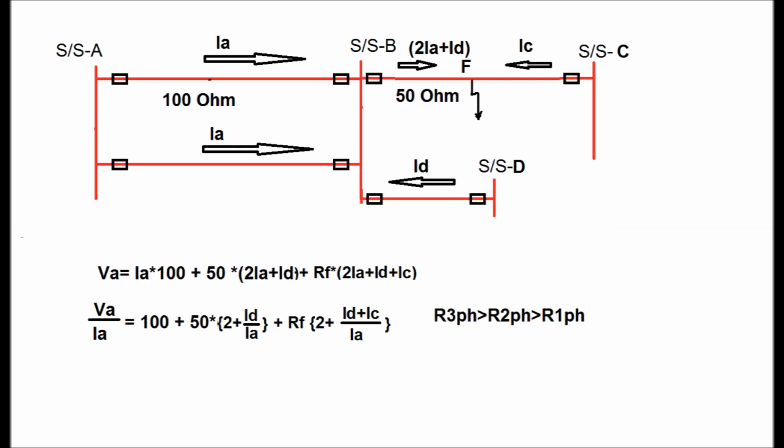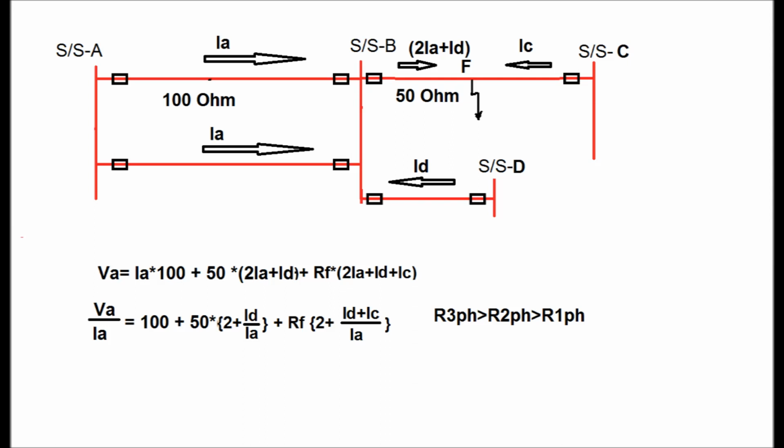Now consider a fault occurring at zone 3 distance from the substation A end, for the transmission line between B and C. For simplicity we consider the impedance of the transmission line between A and B is 100 ohm, and for BC is 100 ohm, and the fault occurs at point F, which is just the midpoint of the transmission line between B and C. Now this fault current is fed from all the substations, that is substation A end, B end, and also D and C end.